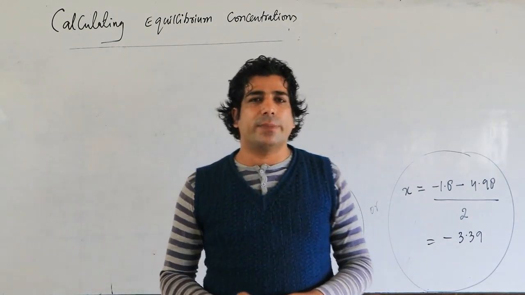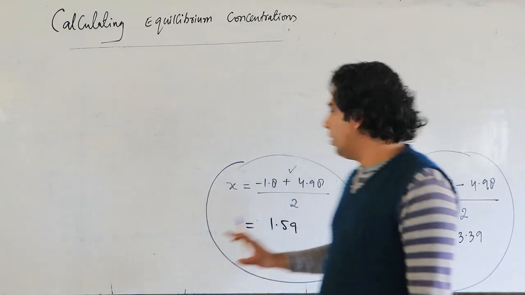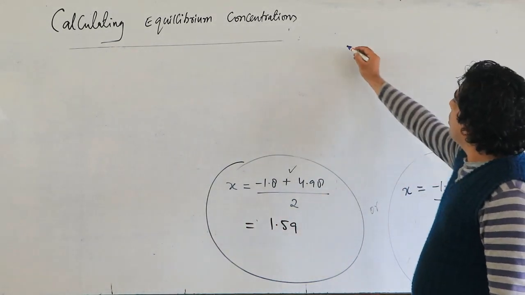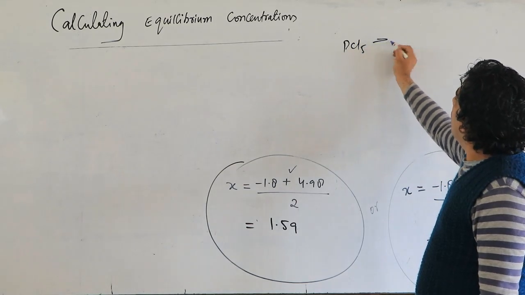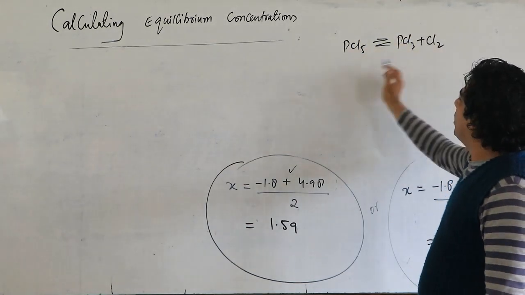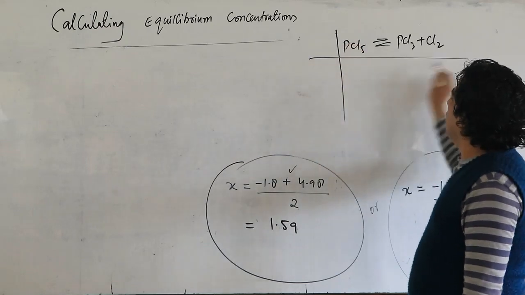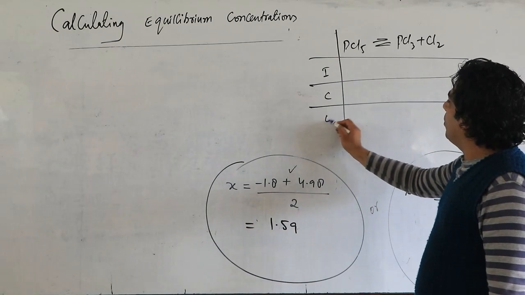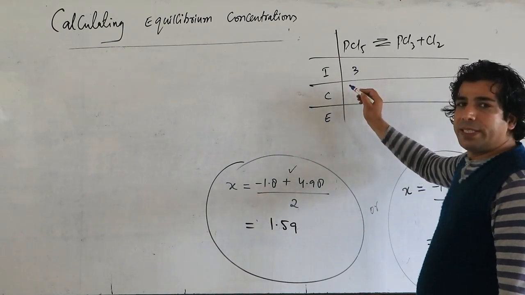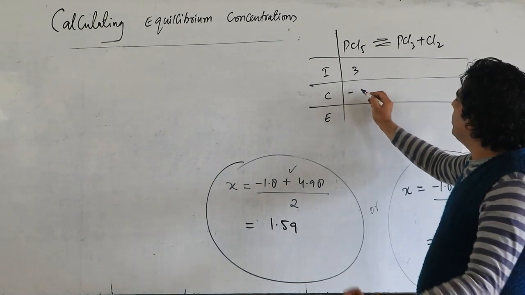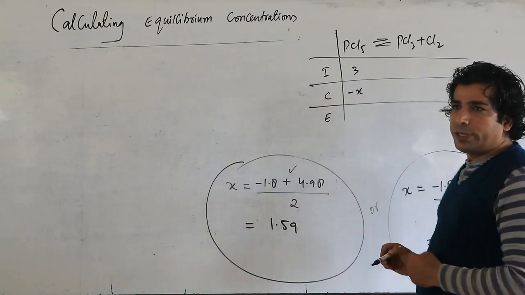Before writing step number 4, let us first understand which value is the right value. I have already told you that we had PCl5 which was breaking into PCl3 plus Cl2, and this reaction has achieved equilibrium. Then we wrote three values there: initial concentration, change in concentration and equilibrium concentration. We had 3 moles of PCl5, yes. Then how many moles were decreasing? x moles were dissociating.